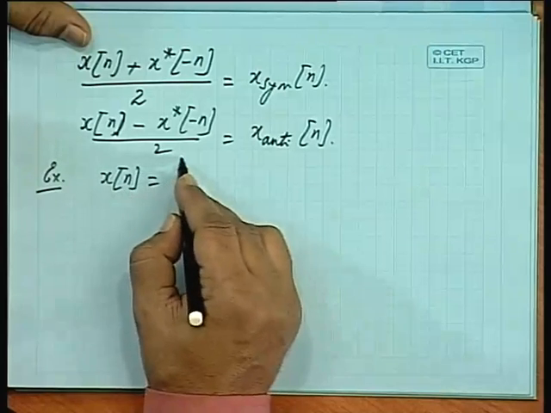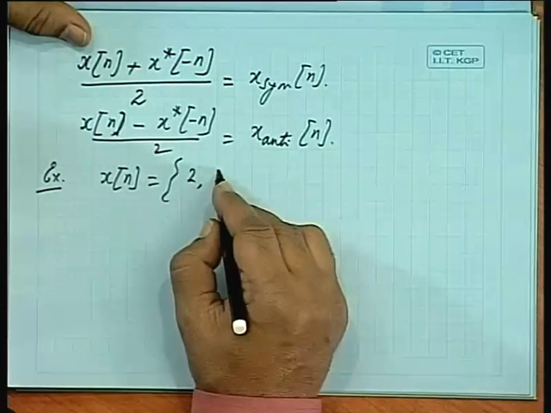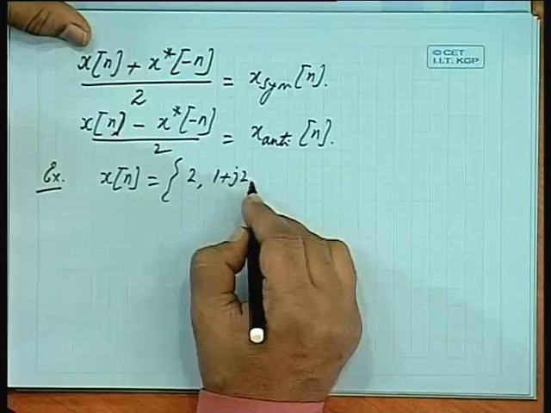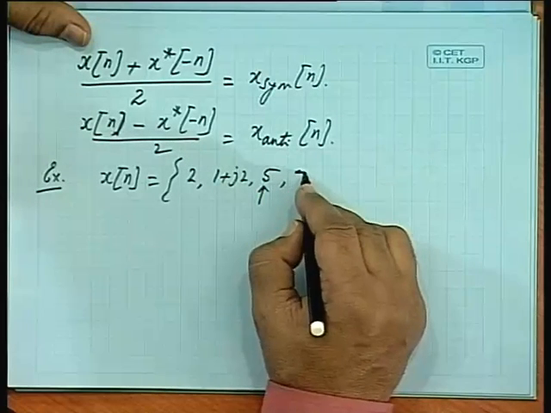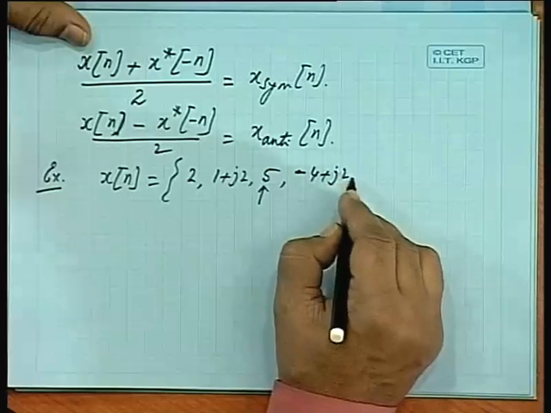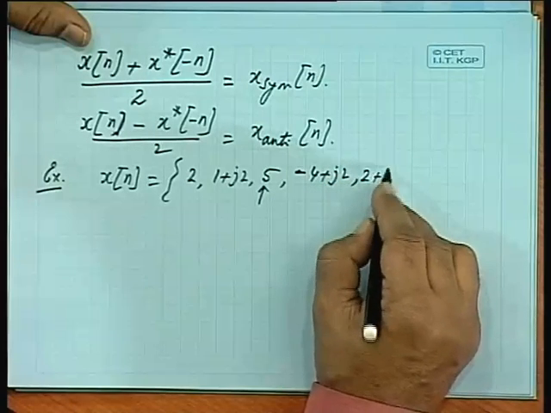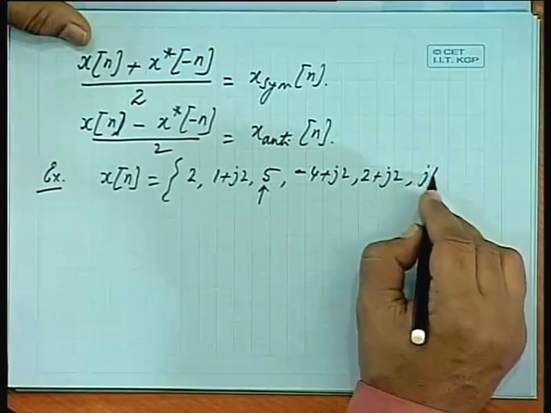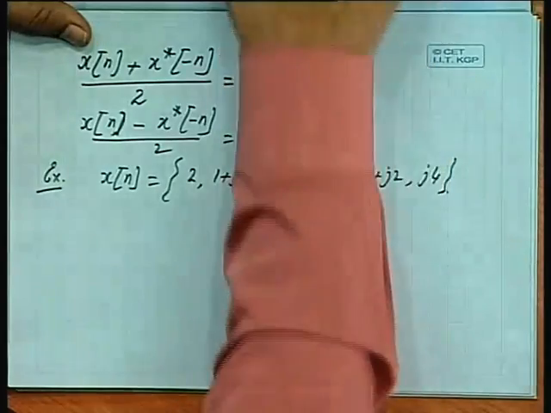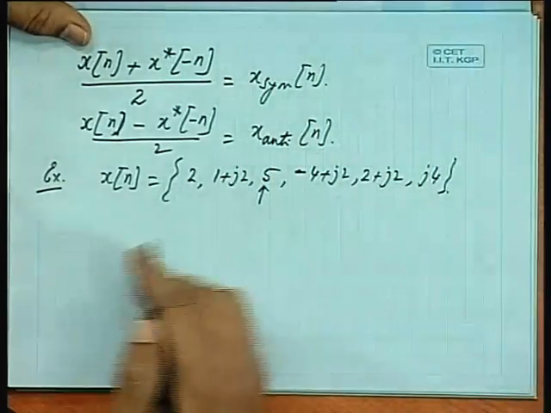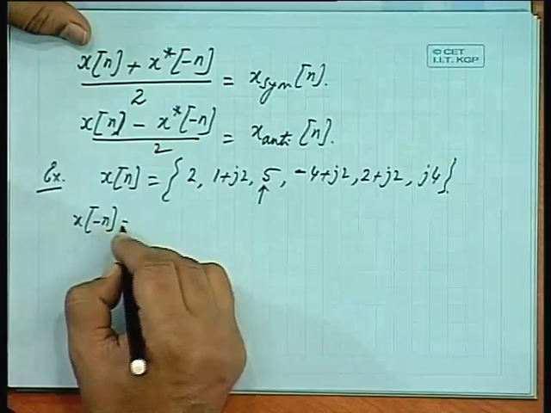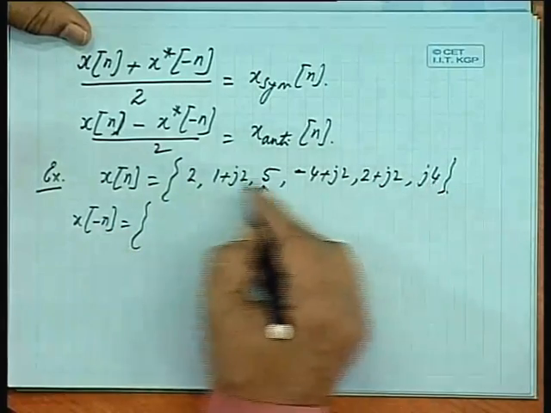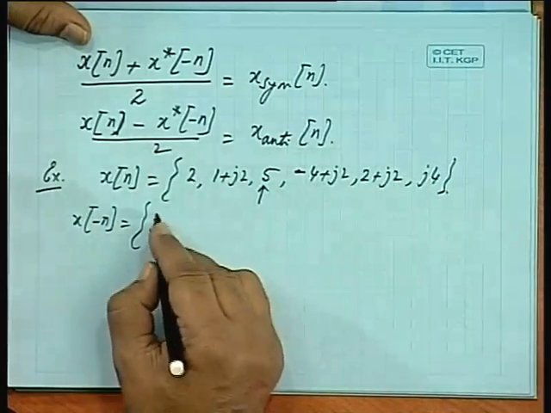x n is given as 2, 1 plus j2, 5, minus 4 plus j2, 2 plus j2 and j4. Therefore, x minus n will be from the other side.